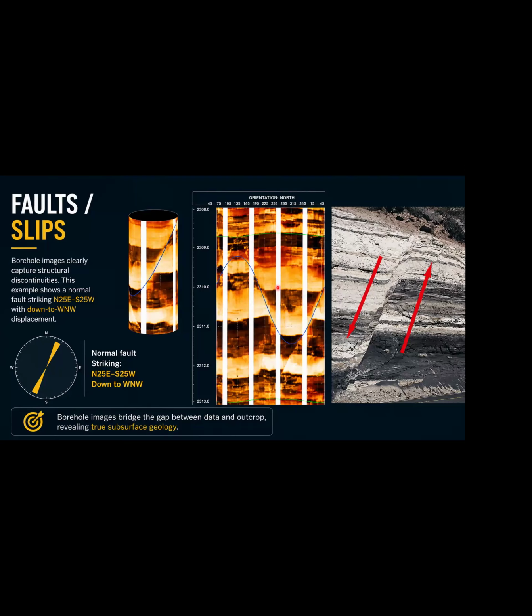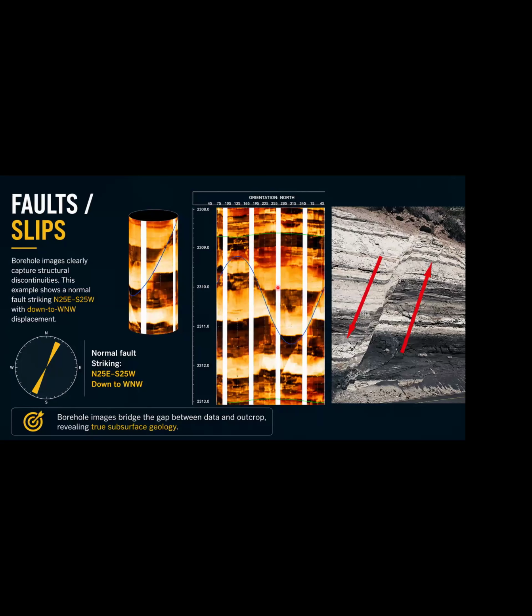It's also very good info that we can get out of the borehole image, to have an idea and information about the faulting, or what happened in terms of tectonic deformation.